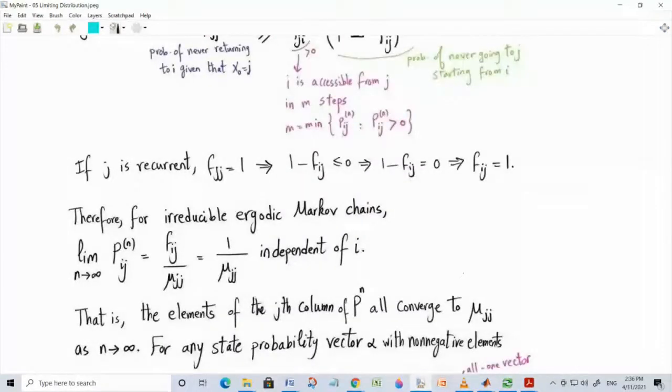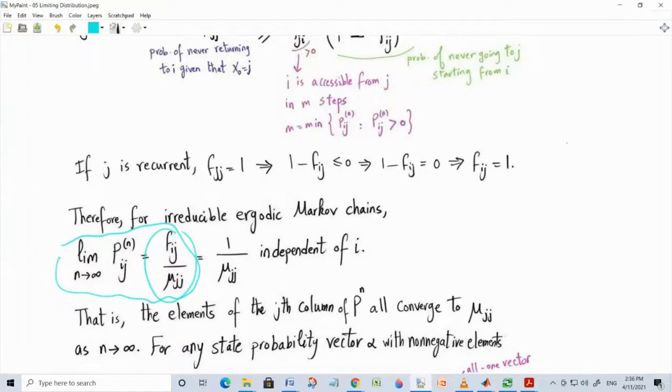There was a limit statement that we studied earlier, which is that the limit as n goes to infinity of p_ij(n) is equal to f_ij over mu jj. Now, in irreducible chains in which every pair of states communicate, f_ij will be equal to 1.